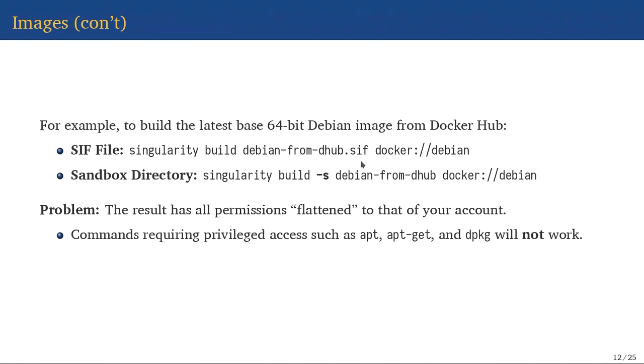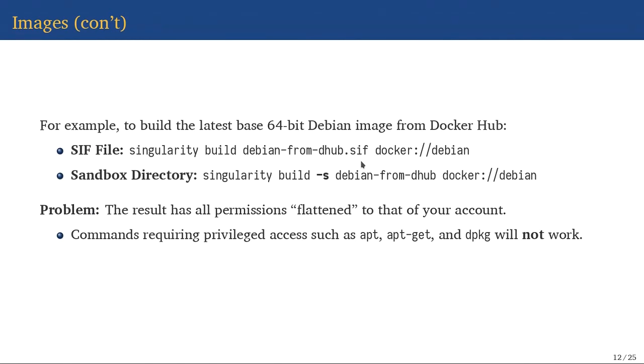In Singularity, you put docker:// and you put the Docker URL, whatever that is for the tool. Ubuntu is just Ubuntu. Debian is Debian, but there's all kinds of things you can use from Docker.